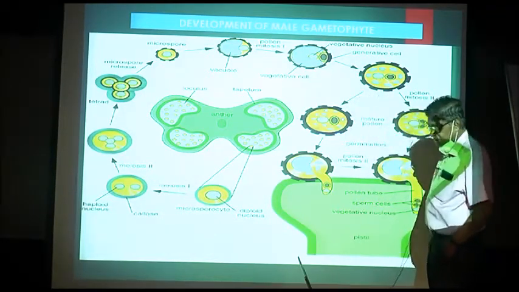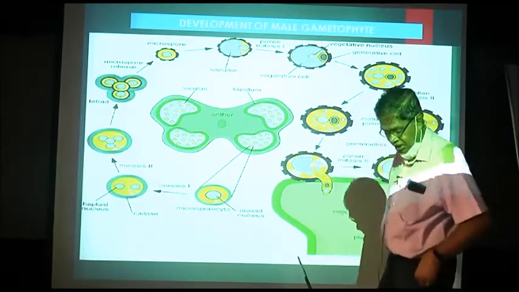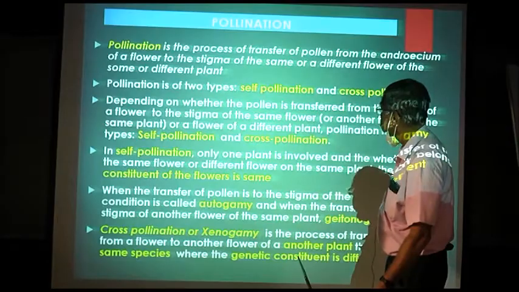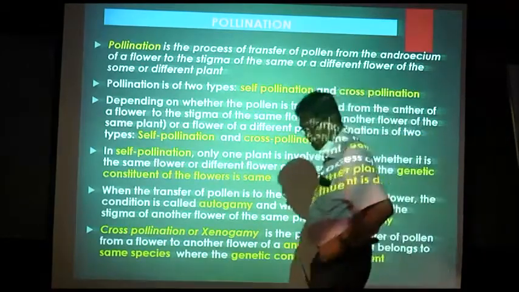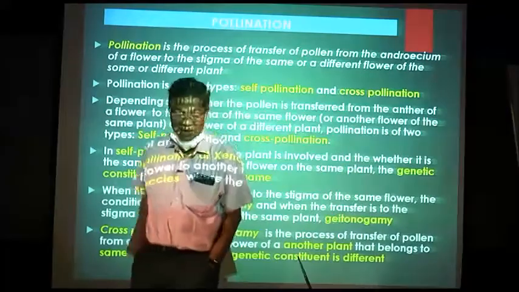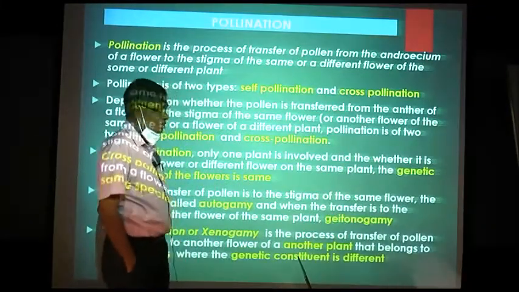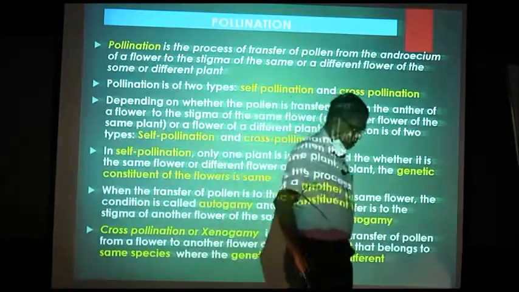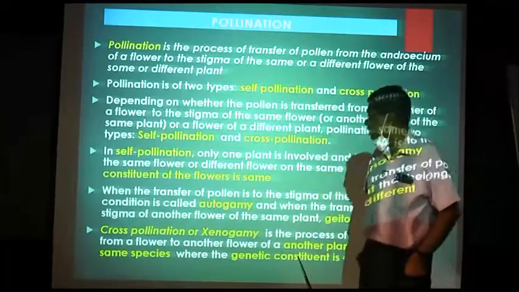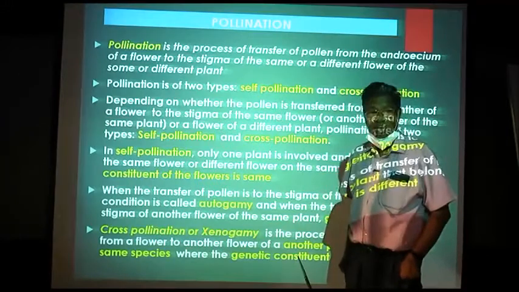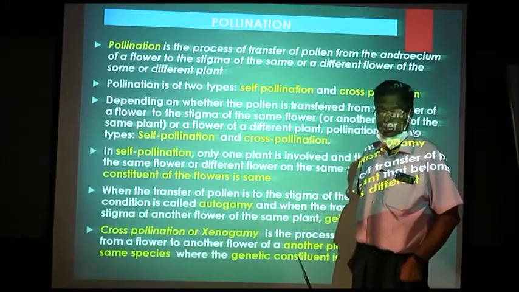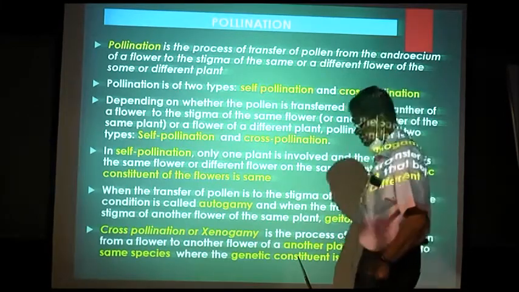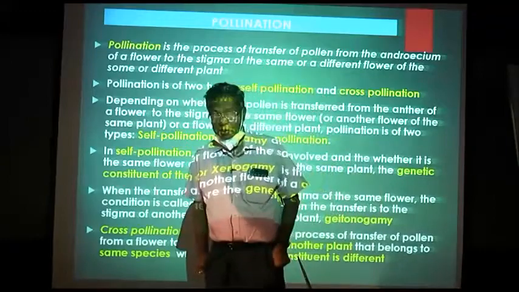Now, pollination is the transfer of pollen grains from the anther to the stigma, whether it is self-pollination or cross-pollination, we will come to that. Now, in Oriya we call it Paraga Sangama, and self-pollination is Swaparaga Sangama and cross-pollination is Paraparaga Sangama.